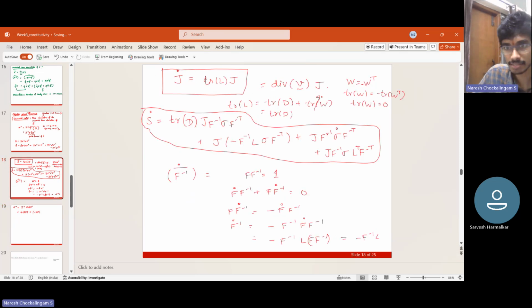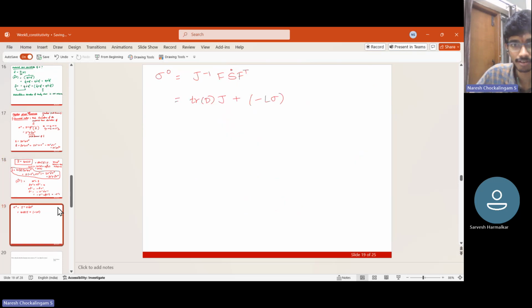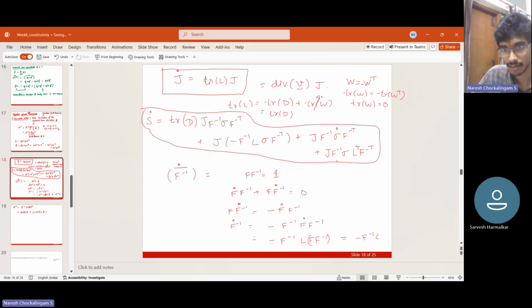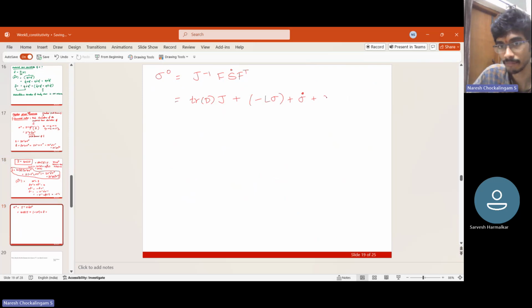And from the third term, J F inverse transpose goes away. You get a sigma dot. Plus what from the last term you get. So there's a minus here, right? F inverse J goes away. And F inverse transpose goes away. So you get a minus sigma L transpose. So let me rearrange it.